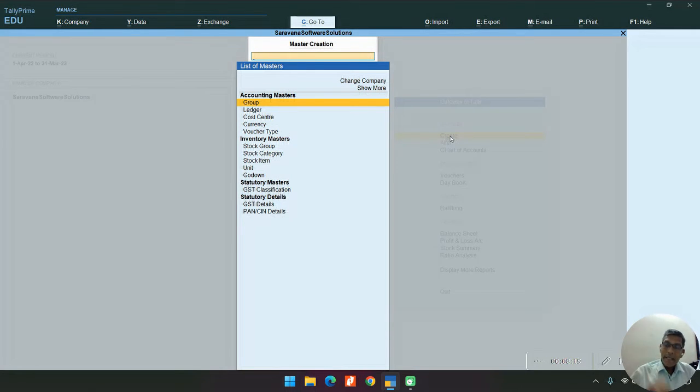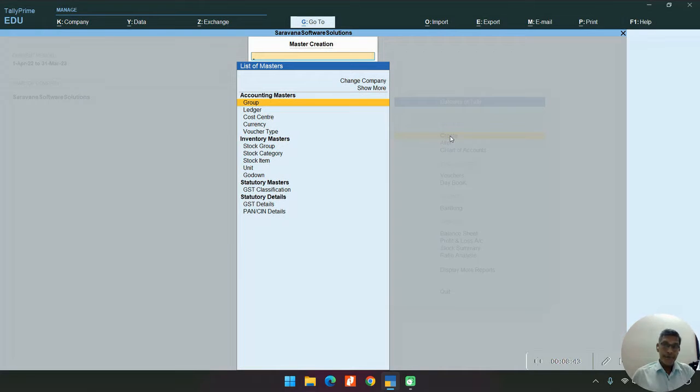Else, if you created a primary group earlier, you can now create a subgroup on that. Yes, it is possible. Therefore, groups are a collection of ledgers, probably of the same kind.